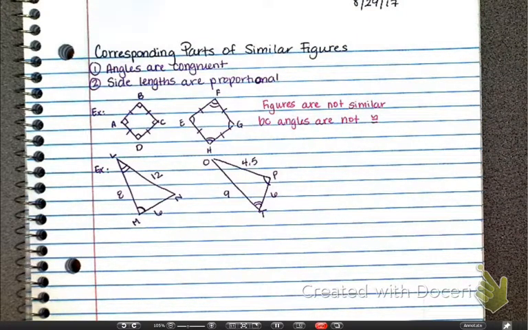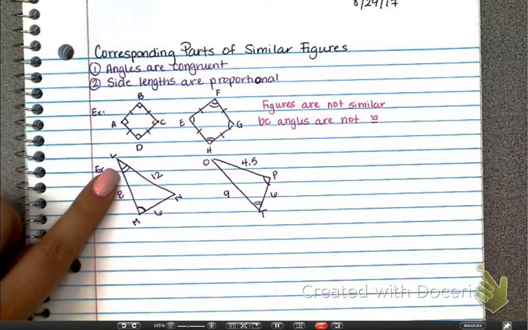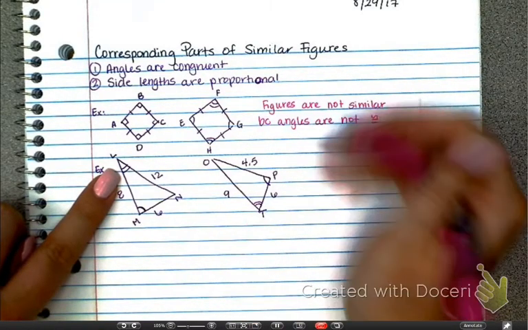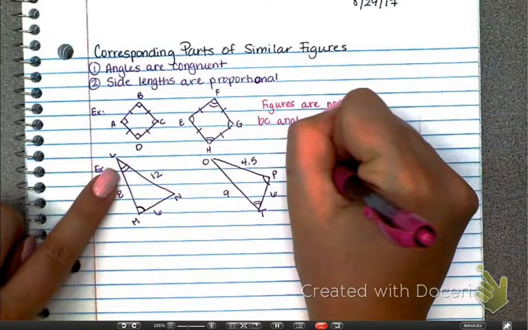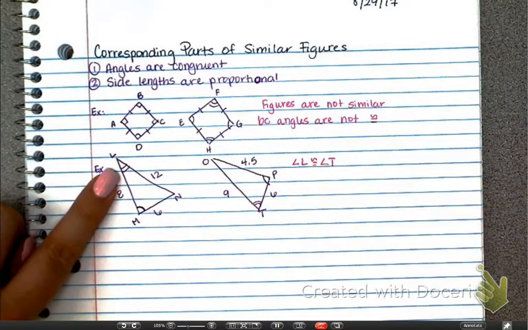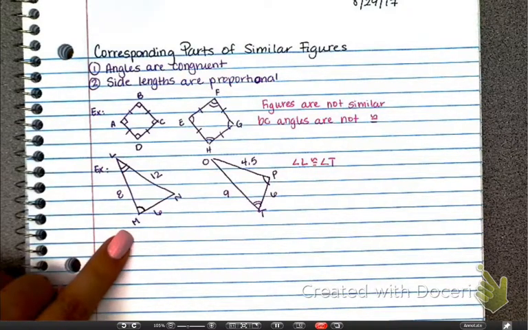Okay, so for instance, angle L. Is there an angle that matches angle L in my second figure? Yeah. T, right? So I know angle L is congruent to angle T based off the information from the figure. Is there an angle that matches M? P, right?